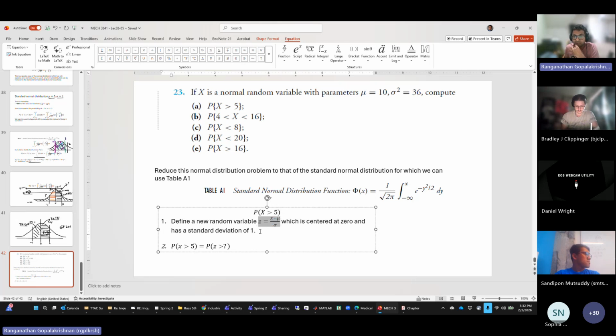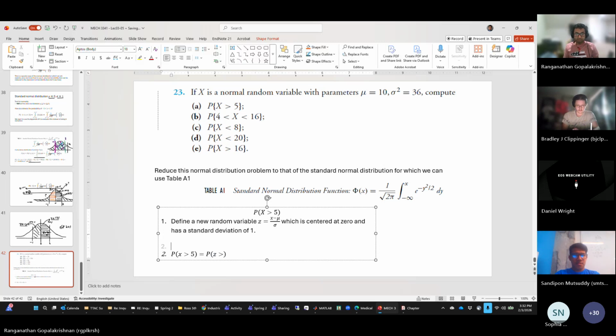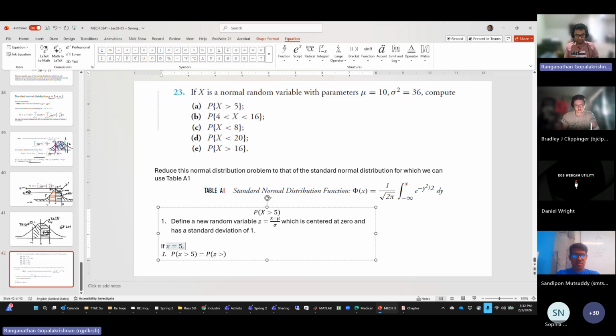Just like you do in integration, wherever X appears, convert it to a Z. If X is 5, what will be Z? If X equals 5, Z would be 5 minus, what is mu? 10. And what is sigma? 6. Because sigma squared is 36, sigma has to be 6.